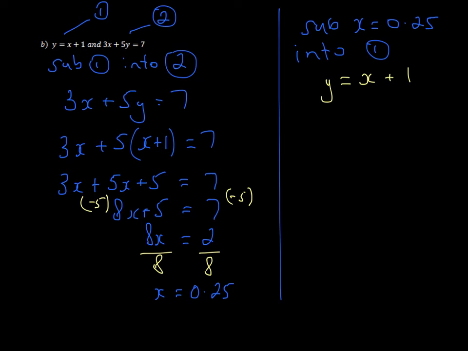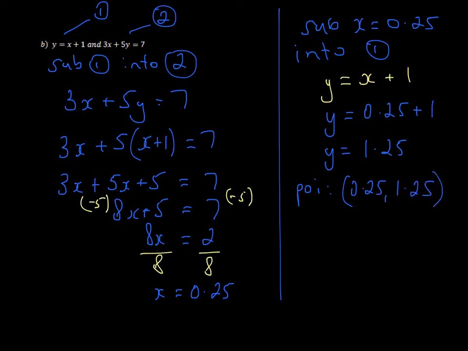We get y equals 0.25 plus 1, so y equals 1.25. So our point of intersection is 0.25, 1.25. Remembering our x coordinate is first, our y coordinate is second.